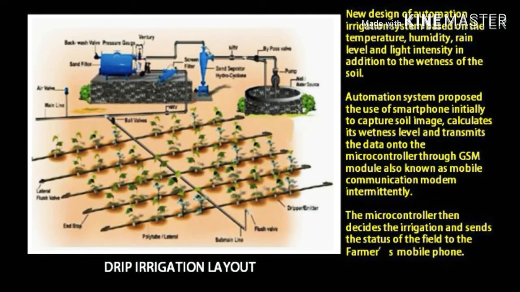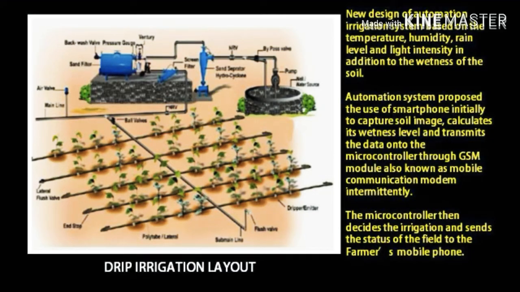The use of drip irrigation can save nearly 40 to 80% of water compared to the traditional irrigation system, using only 0.4 million liters of water to irrigate an acre of paddy field as compared to 1.3 million liters using the traditional method.